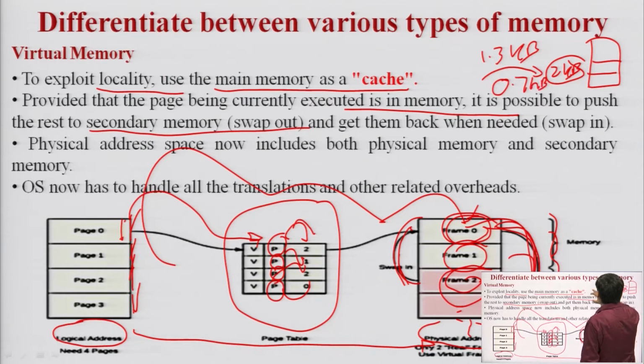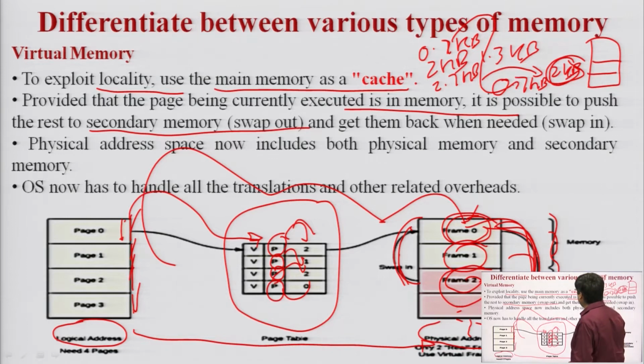If another memory has 2 KB and needs to access 2.7 KB, it needs 0.7 KB more. So through the memory management technique, it can utilize 0.7 KB from the previous memory. All this we do through swap in and swap out.